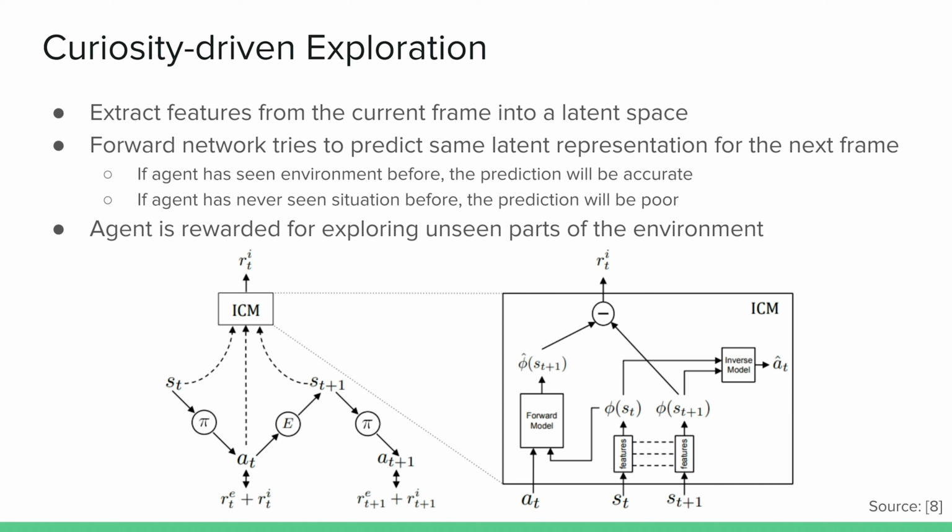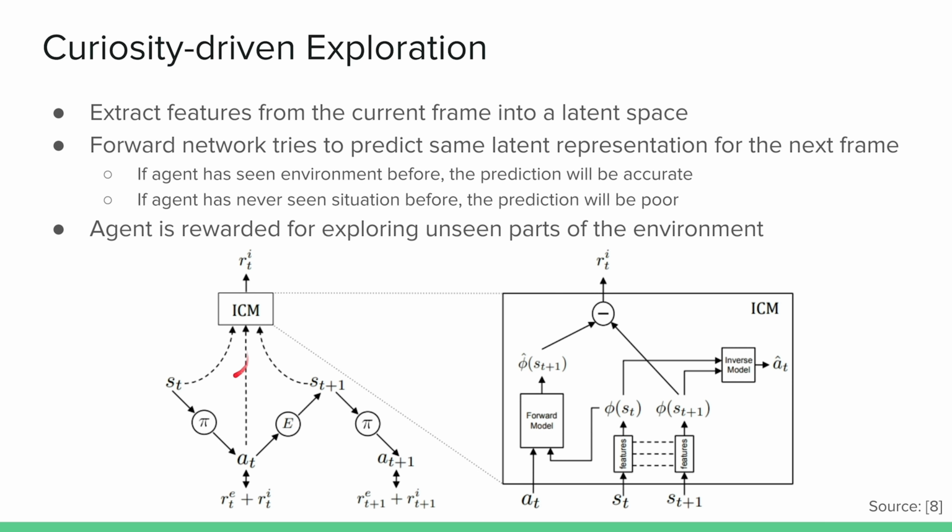So this allows the network to say, okay, what of our environment is relevant and what is not. It's learning this mapping from the current frame into this latent space. And given the latent space representation for the next frame, the forward network tries to predict the same latent representation. So let's take a look at the figure.